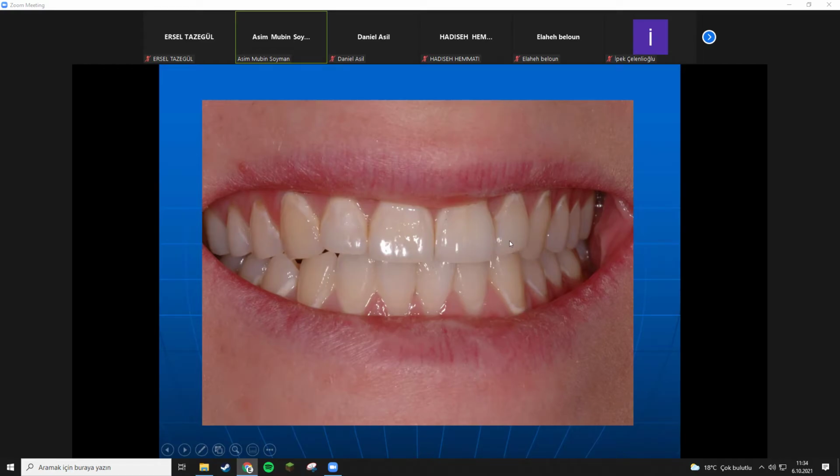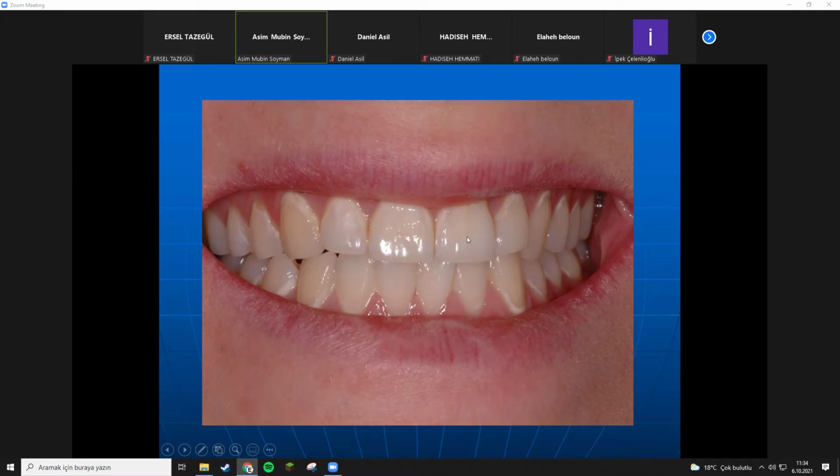But let us suppose there is a white spot like this on the vestibular side. This is a hypocalcified area, because on the vestibular side it is impossible for food to accumulate. At the same time, patients generally clear these vestibular sites very well, as I told you. So it is impossible for this region to be the initiation of dental enamel caries.